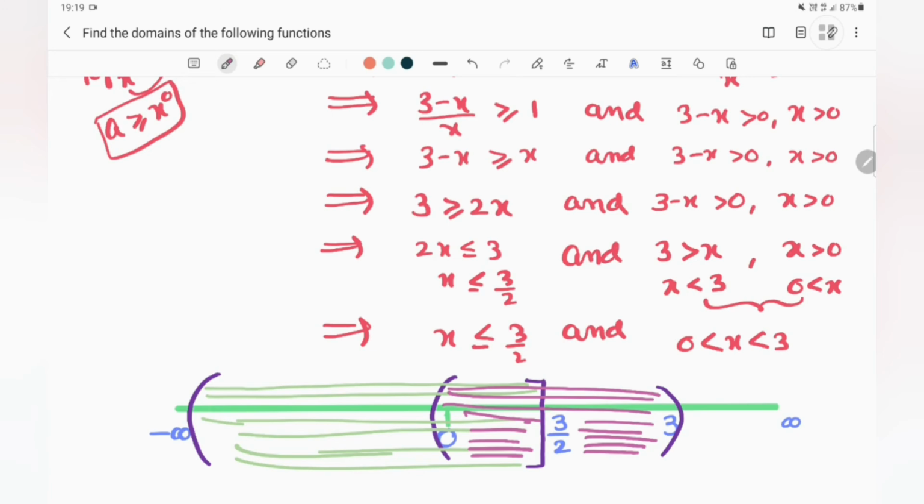So what is the common part we are observing here? Open interval of 0 comma 3 by 2 and 3. So ultimately from this what I am going to tell is the domain, the intersection of these two.